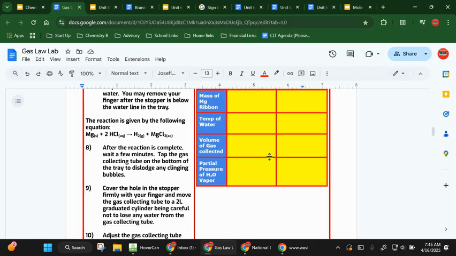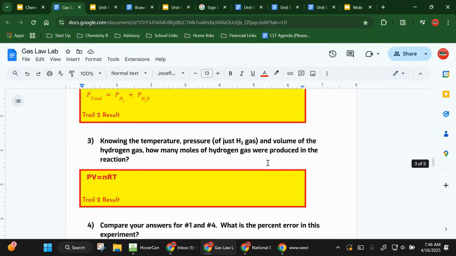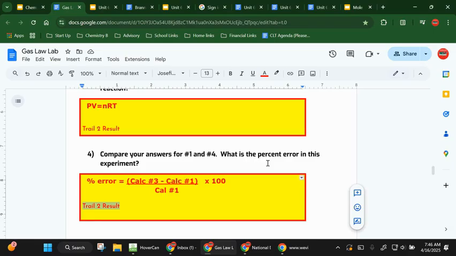Now, the one thing I will warn you about in this calculation is these two numbers need to be subtracted in parentheses and then divided by, again, that same number for calculation number 1. I do not care if your number comes out positive. I do not care if your number comes out negative. What I care about is what percentage it is.